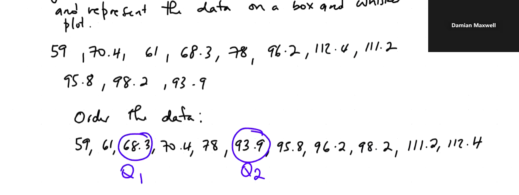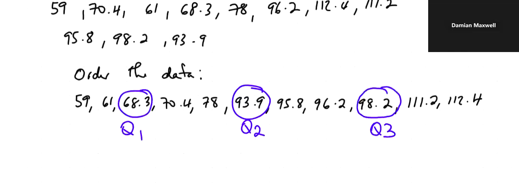And then do the same thing over here. Look to the right and find the middle. 98.2, right? 2 here, 2 here. So this would be your Q3. All right, so that's the manual method of doing it. Let me show you the formula method.